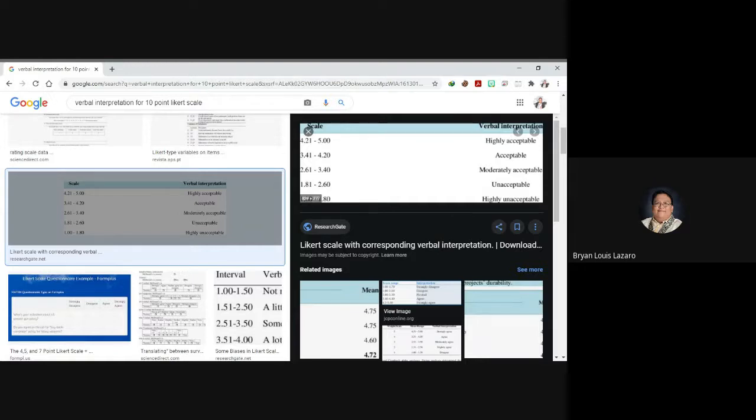So, ano ibig sabihin pag 1 to 1.99 siya? Very good ba yun? Poor ba yun? Kailangan may interpretation para mas madali siyang ma-identify. Okay, so let's move on to the next one.